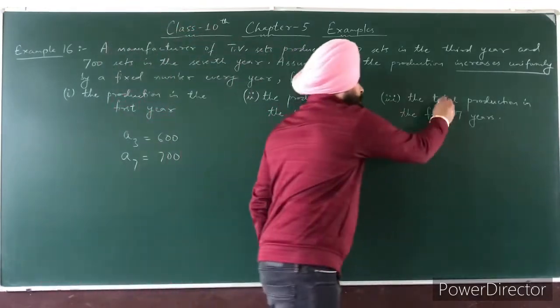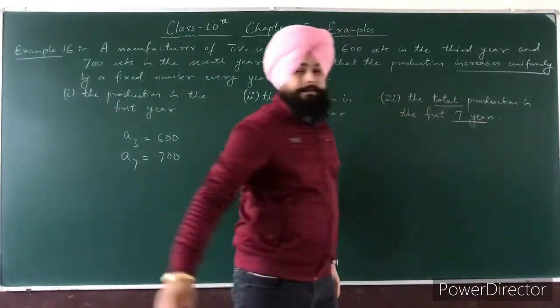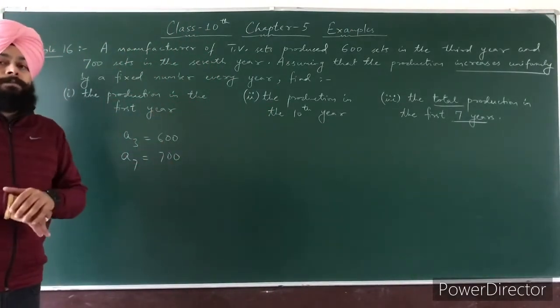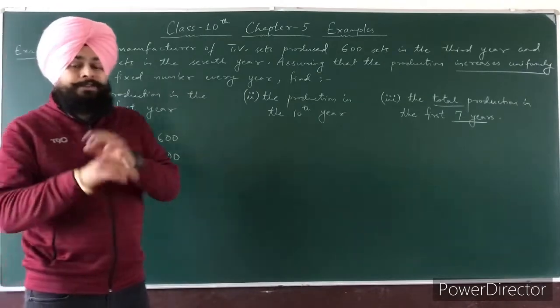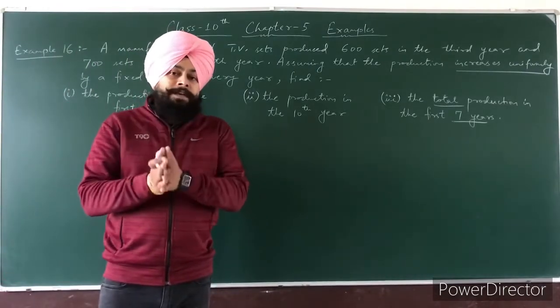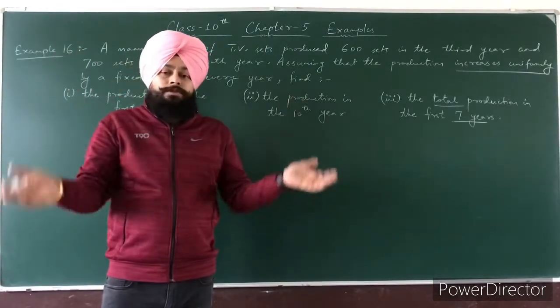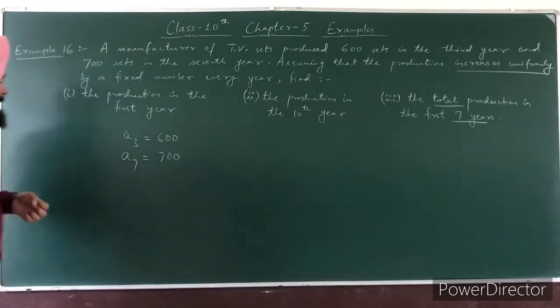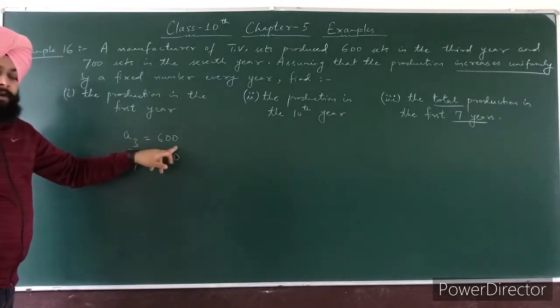So total means you will find here S7. Clear, students? Total means you will find the sum of the TV production in the first 7 years. Alright. So see here the value of A3 is 600, value of A7 is 700.